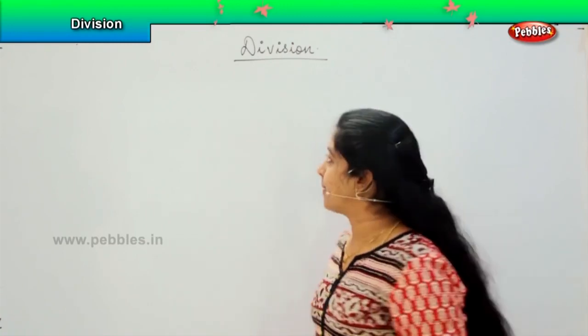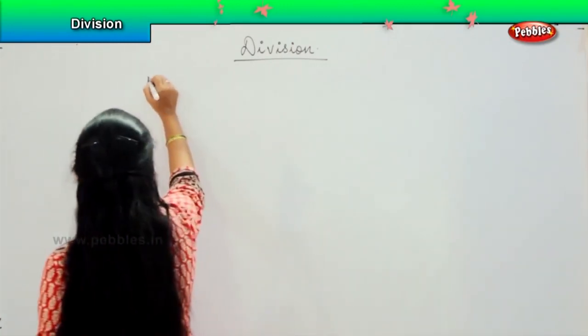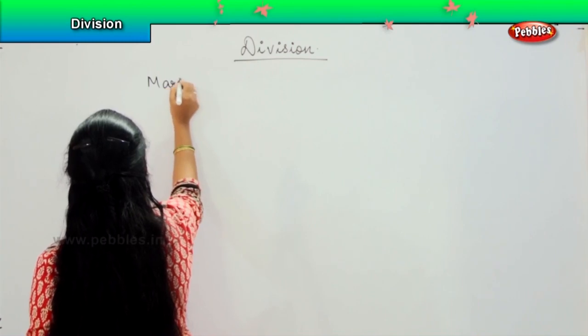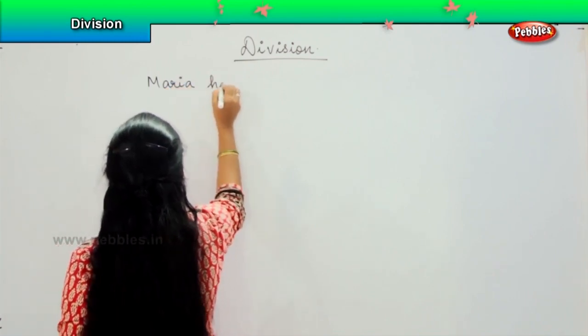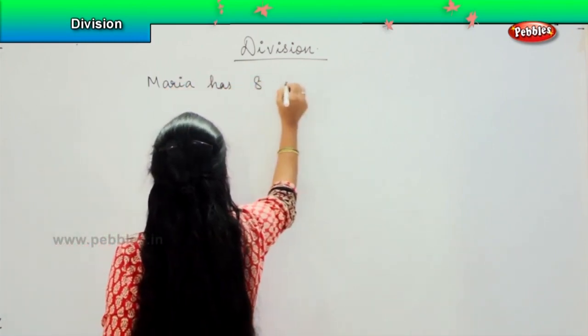Say, for an example, Maria has 8 carrots.